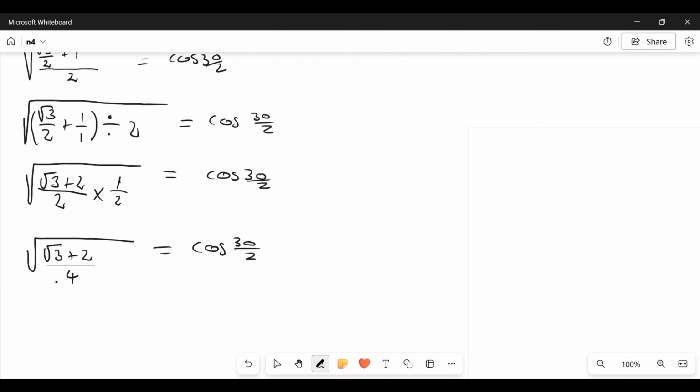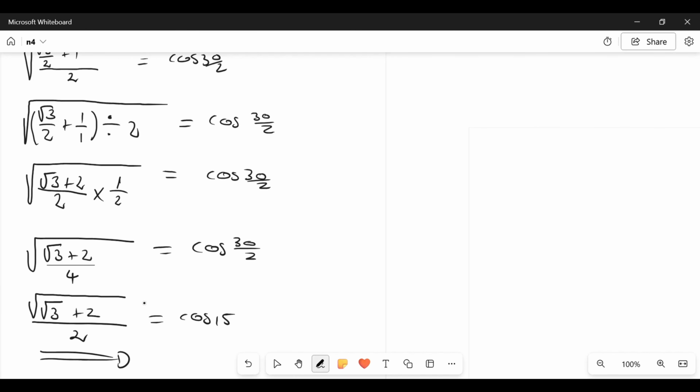Right. So if you look at this, we can say the square root of 4, which is our denominator, is going to be 2. So we can write this answer like this. We can say root, and then root 3 plus 2, all this is divided by 2. And this is equal to cos. What is 30 divided by 2? It's going to be 15. So this is our final answer, guys.